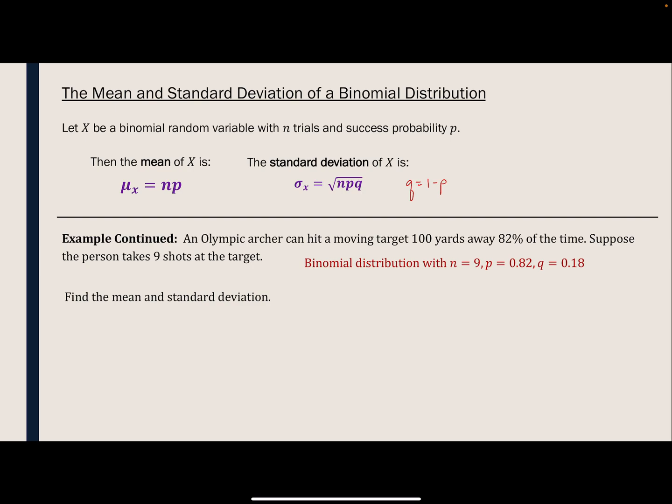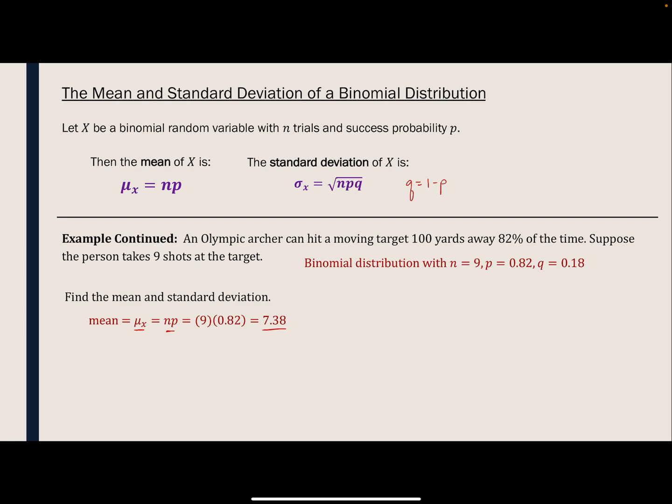So using this same scenario with the Olympic archer, if we want to find the mean, which is mu, because we're talking about a model, we take the number of trials times the probability of success, and we get 7.38. This is a mean, so it doesn't have to be something that's actually going to happen, similar to the idea when we were talking about expected value.